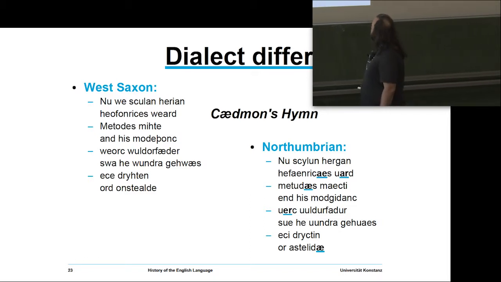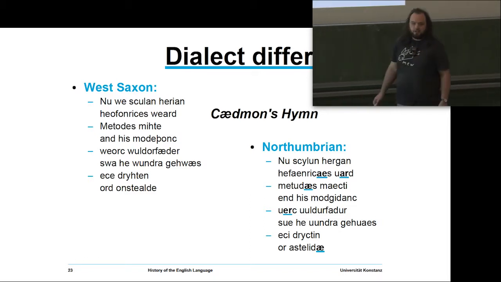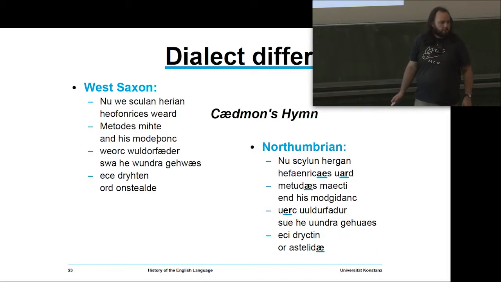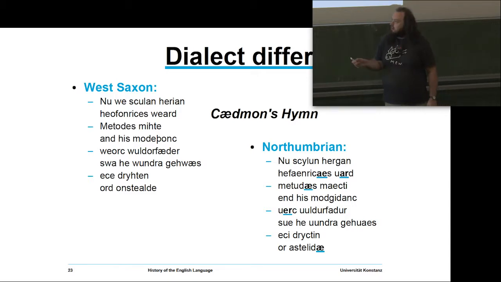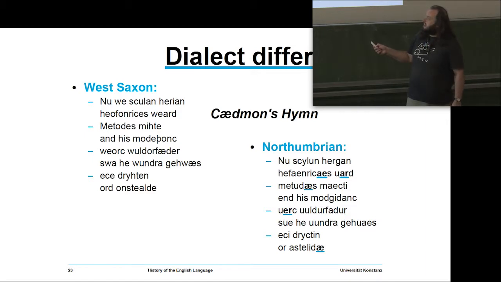So that's one difference. Another difference is regarding the sound change breaking that we talked about last time. This is a sound change that West Saxon has much more robustly than Northumbrian. So in the word weard, guard or warden, we find ea here, breaking, because remember you've got an R and then a consonant. That's the environment for breaking as a sound change.